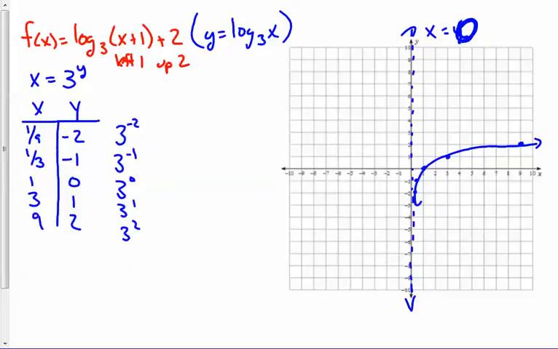So from this point here, I go left 1, up 2, and there's my point. This one goes left 1, up 2. This point goes left 1, up 2. Left 1, up 2, left 1, up 2.